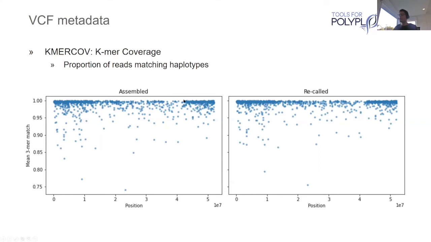And this can give a bit more of a fine-grained look if that's necessary, although it typically reports a very similar result to the minimum error correction. It's kind of the inverse here because this is specified as the proportion of K-mers among your reads that match one or more of the haplotypes in your genotype. And so in this case, a value of 1 indicates that all of the K-mers match your genotype.